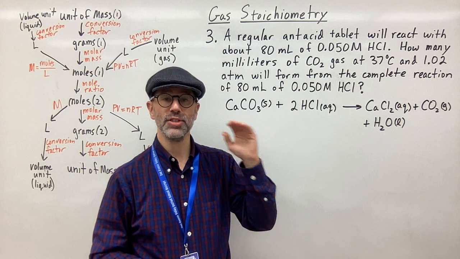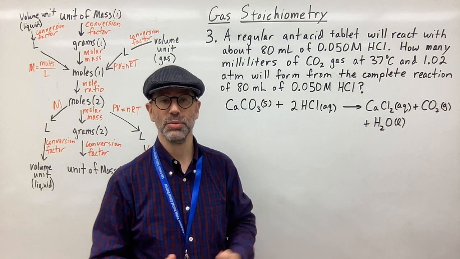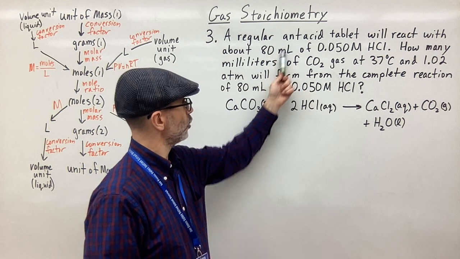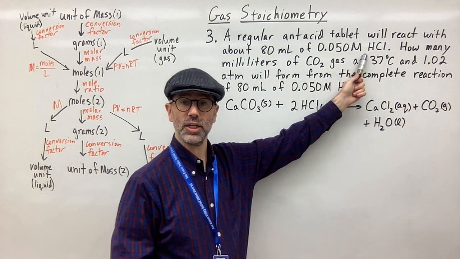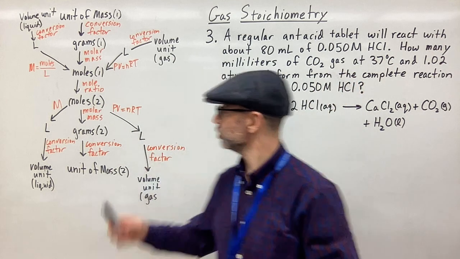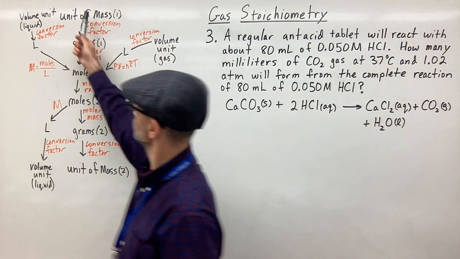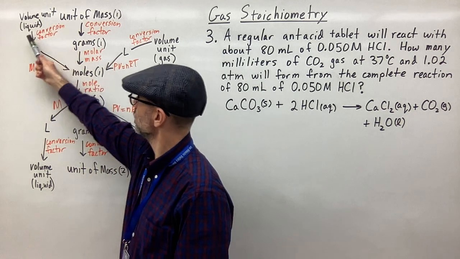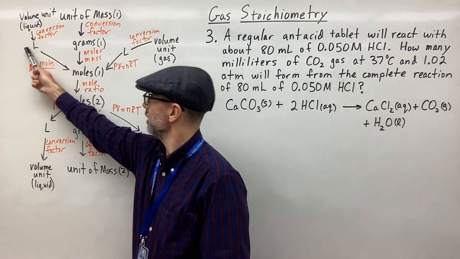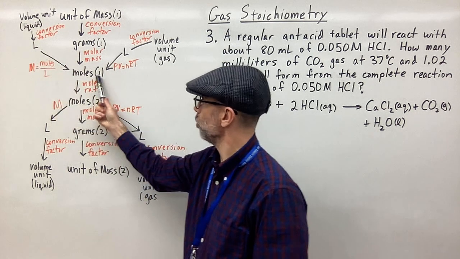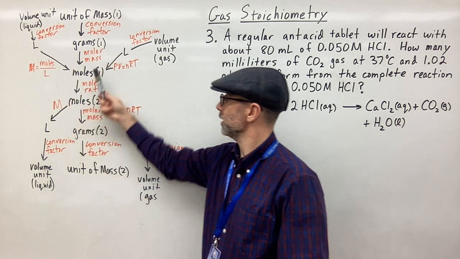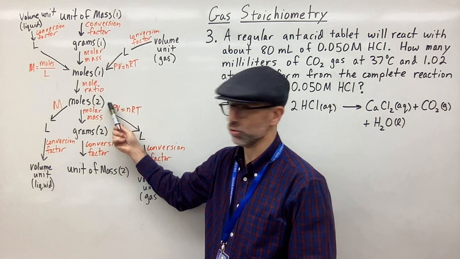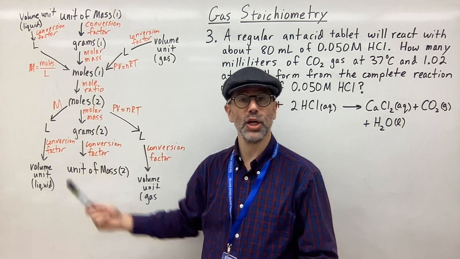Anytime you have something per something, that's going to be used as a conversion factor. We can use the molarity to convert the volume to moles. We're given some unit of a liquid, so we're going to have to convert that to liters and then use the molarity to convert to moles. Once we're at moles, we can now use the mole ratio to convert from moles of substance 1 to moles of substance 2 and then go from there.